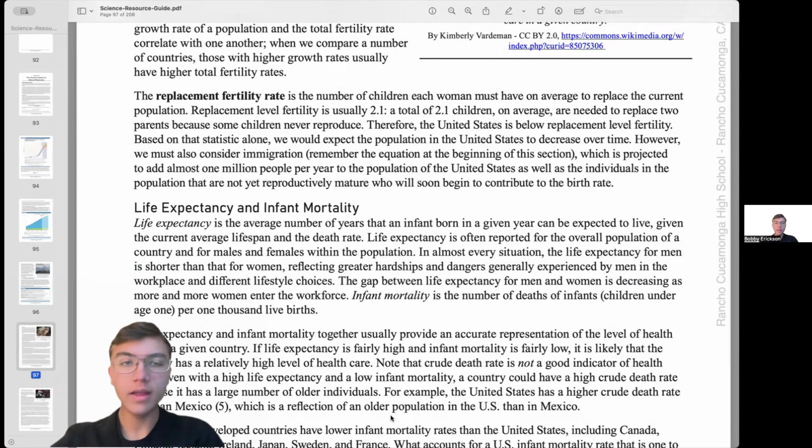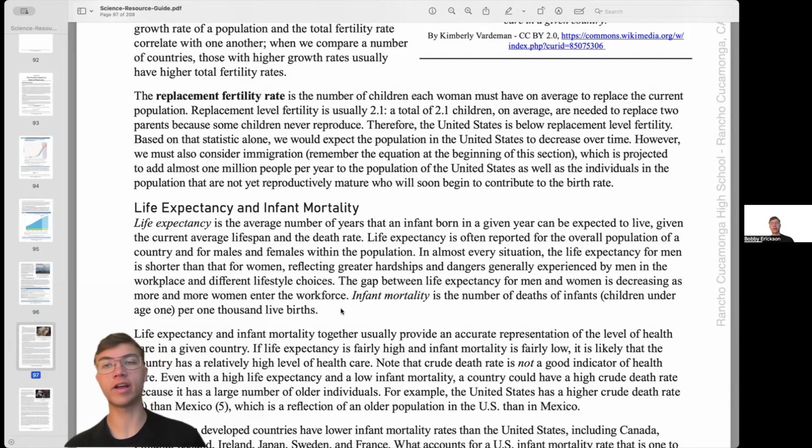So, infant mortality is the deaths of infants per 1,000 live births, remember. And so usually these two factors together are a good representation of healthcare in a given country. So if life expectancy is fairly high and infant mortality is fairly low, usually the country has high healthcare, versus if we look at crude death rate, for example, that's actually not a good indicator of healthcare, because even if you have a high life expectancy and low infant mortality, a country could have a higher crude death rate simply because there are a lot more older individuals in the population.